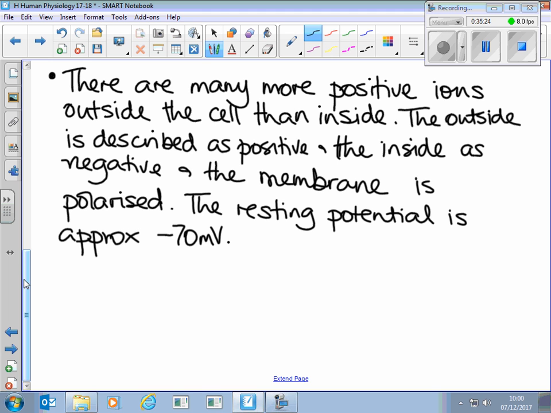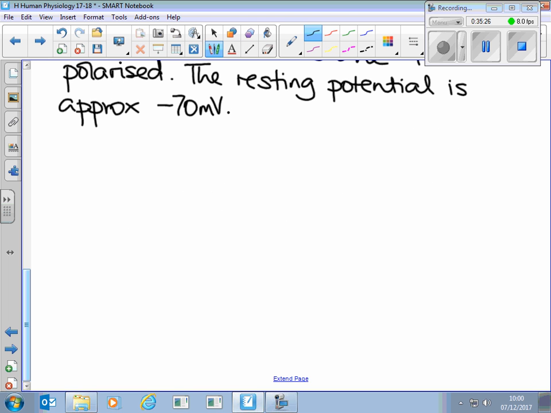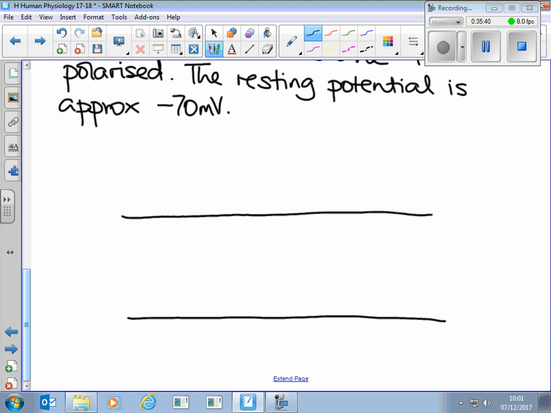So, this is a nerve cell, a fibre, an axon, a dendron, doesn't really matter. Alright, so this is the inside of the neurone, and this is the outside.